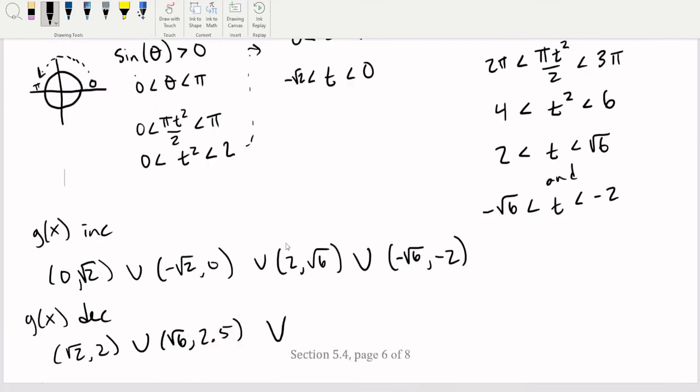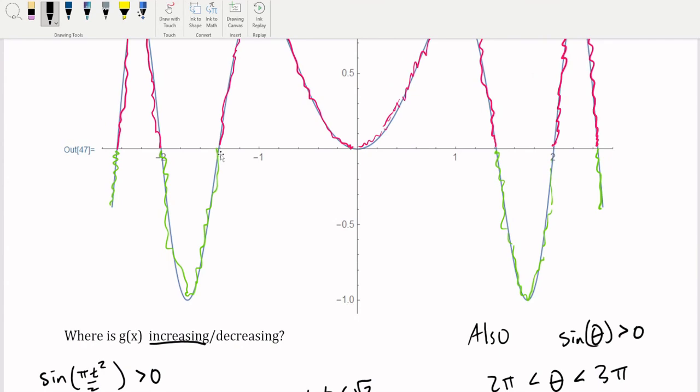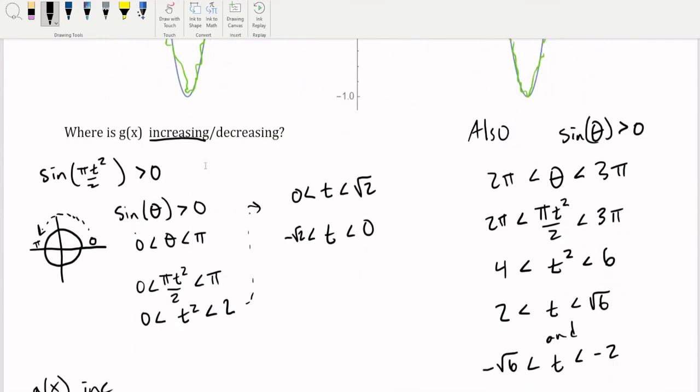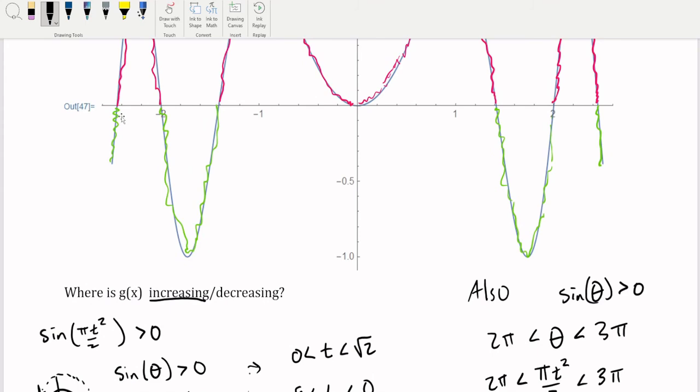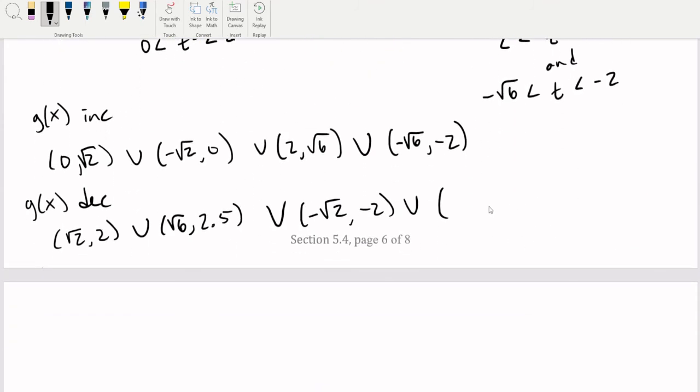Then on the left, it was between -√2 and -2, and then also the other one, -√6 and -2.5.